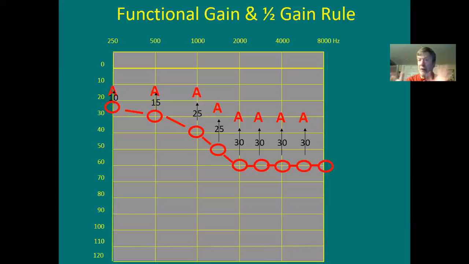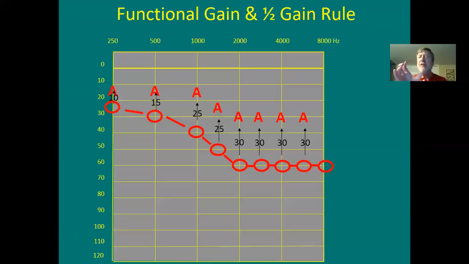Okay. Who cares? And with the hearing aid turned to a comfortable volume for the guy, to what he thought sounded good, you would test his thresholds again. So here, the O's are his unaided thresholds under headphones, and the A's are his aided thresholds in the sound field.